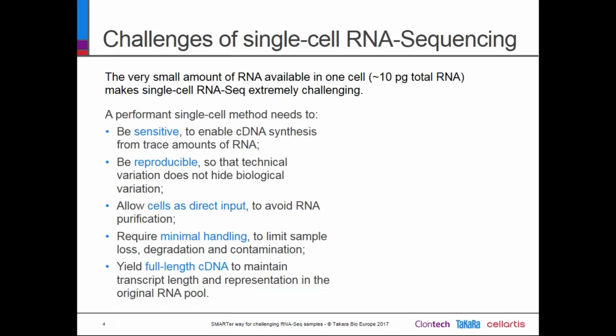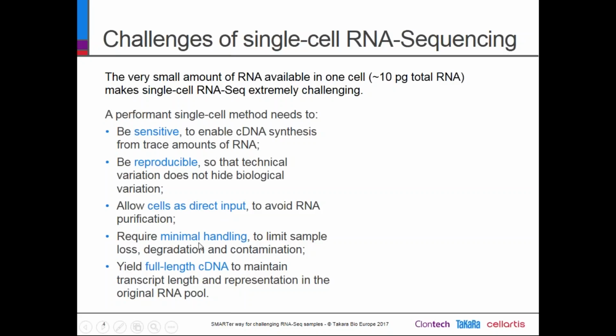It also needs to be reproducible, and this is very important because we want to analyze biological variation, and if we have high technical variation, we will mask these differences in which we are interested. Of course, it's important that the method is able to take cells as direct input, because you can imagine that extracting RNA from one single cell is nearly impossible, I would say.